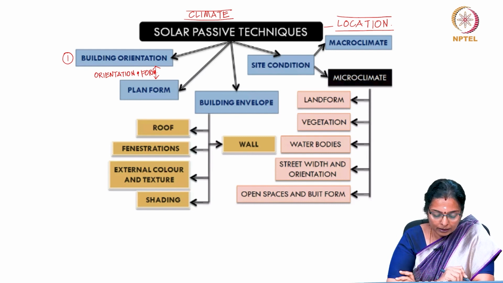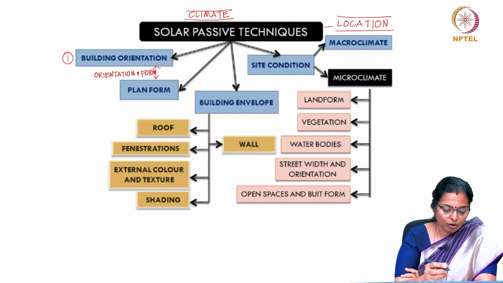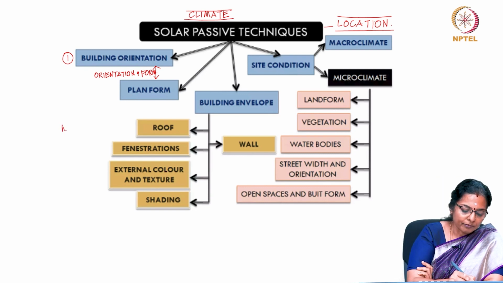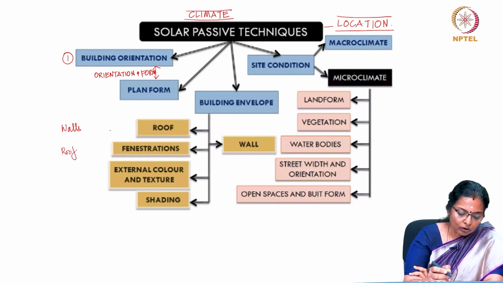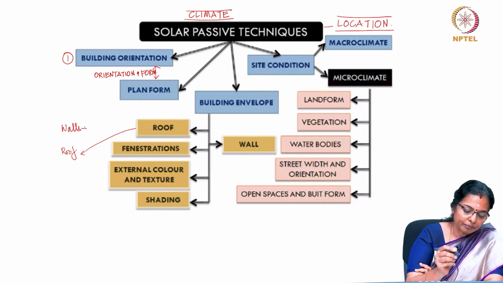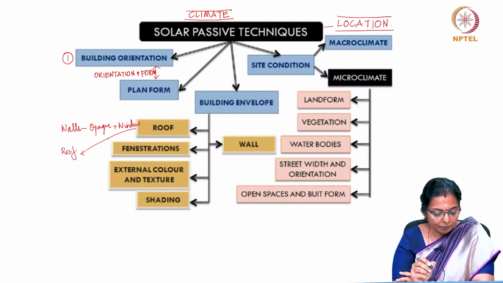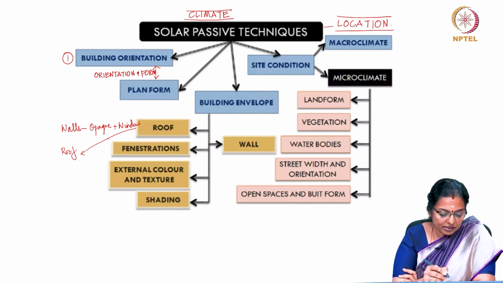Then comes building envelope. Building envelope comprises of walls and roof. Wall comprises of the opaque and windows. Windows we call as fenestration, and the opaque wall comprises of windows along with the external color and texture.